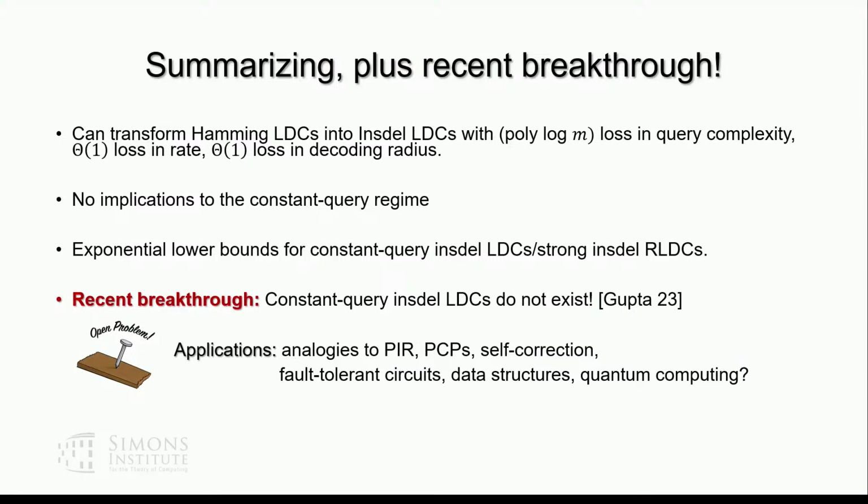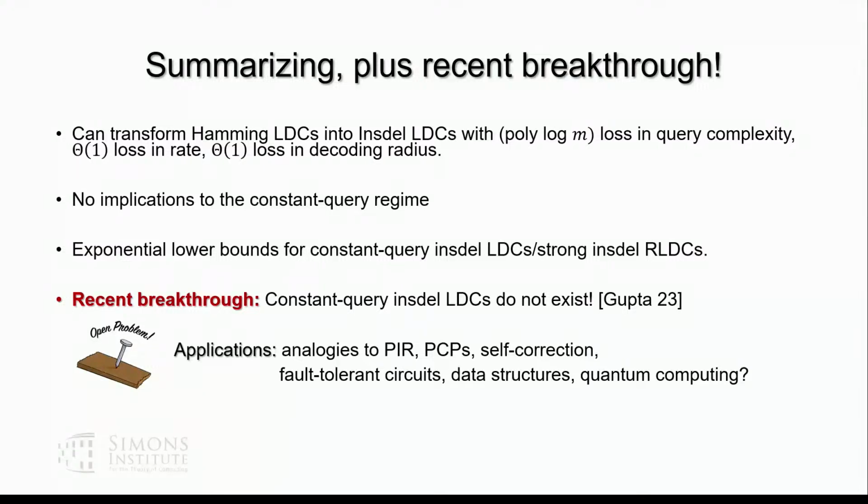This was recently proved in a breakthrough result of Meghal Gupta, who's a student here at Berkeley. She shows single-handedly that constant query insdel LDCs do not exist by taking our techniques to the next level. This is a very impressive work, and it's also a very recent paper.